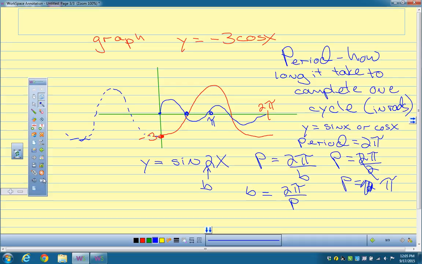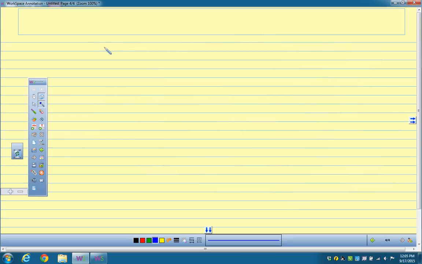So, going on to a new thing. New piece of paper. If I had something like sketch y equals sine of pi x, and you go, I don't know how to do that, okay?